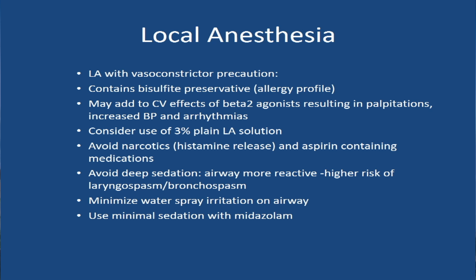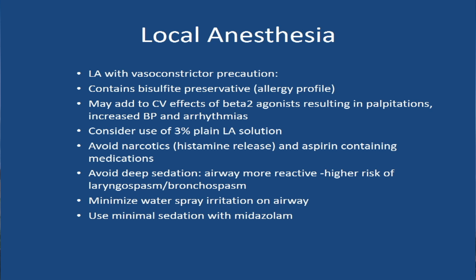We may add to the cardiovascular effects of beta-2 agonists, resulting in palpitations, increased blood pressure, and arrhythmias. So the utilization of local anesthetic needs to be handled carefully and we ensure that we aspirate beforehand. Consider the use of 3% plain local anesthetic solution. This will allow us to not have to deliver the epinephrine, which, if inadvertently placed into the bloodstream, can cause a problem for the child.